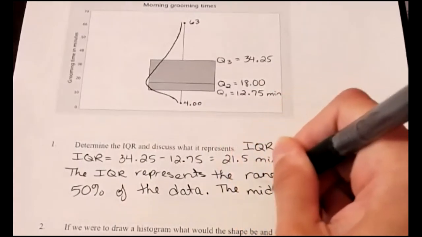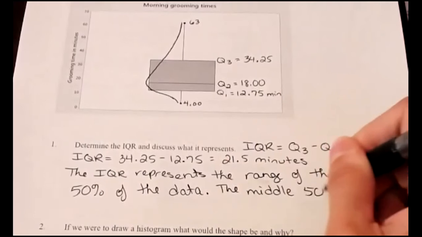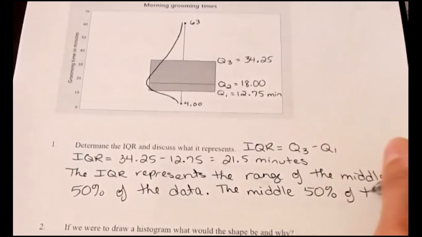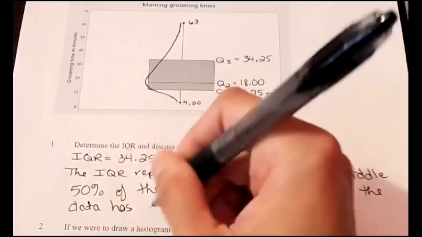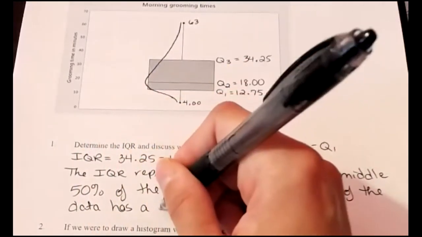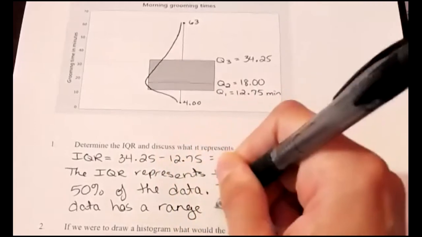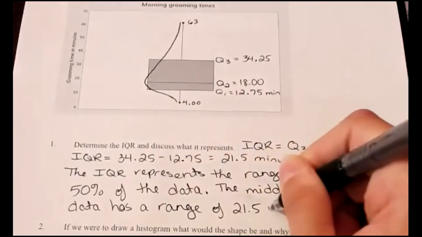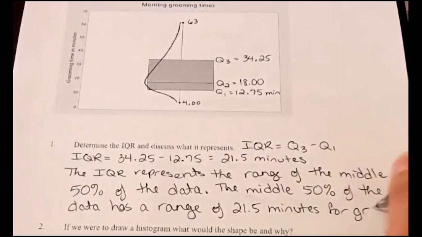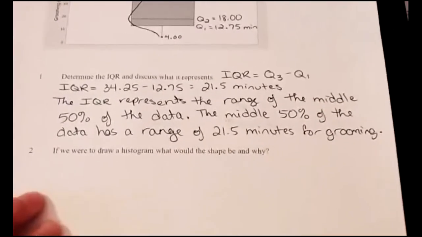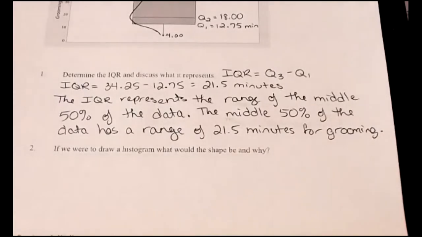The middle 50% of the data has a range of 21.5 minutes for grooming. That's the spread of time from Q1 to Q3. It's 21.5 minutes.